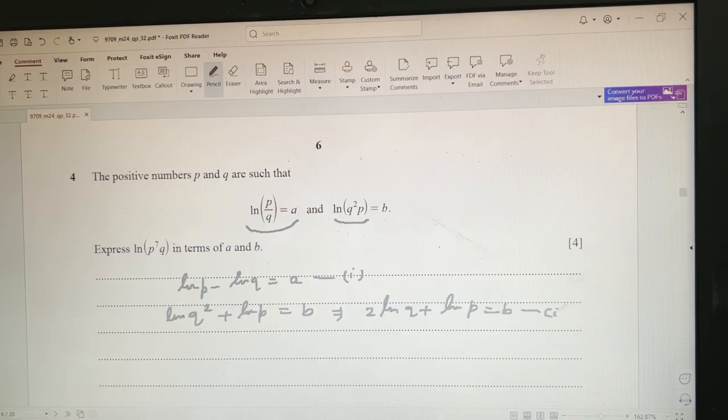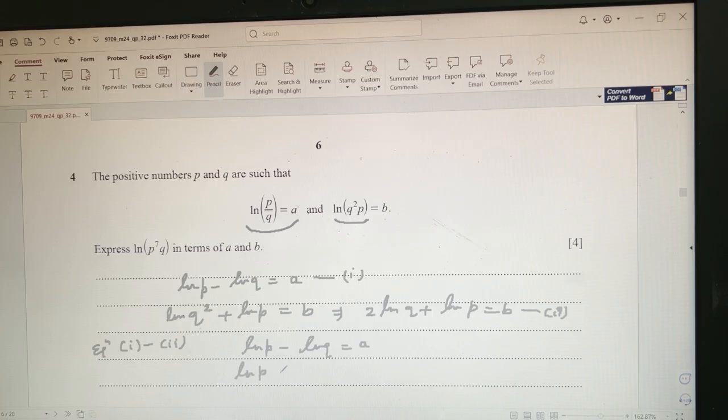Now we can solve these two equations simultaneously. By the elimination method, if we subtract these two equations, ln p will get cancelled. So I'm doing equation 1 minus 2. Equation 1 is ln p minus ln q is equal to a.